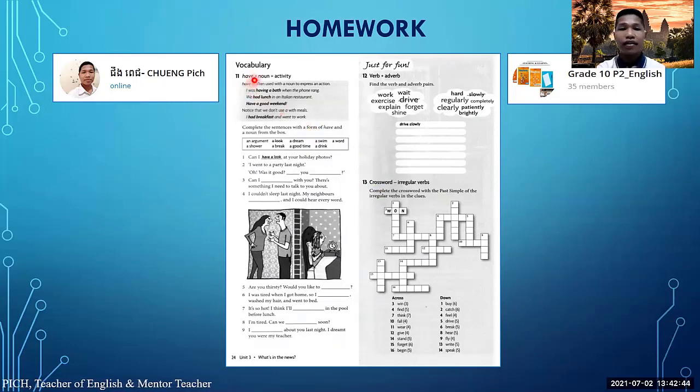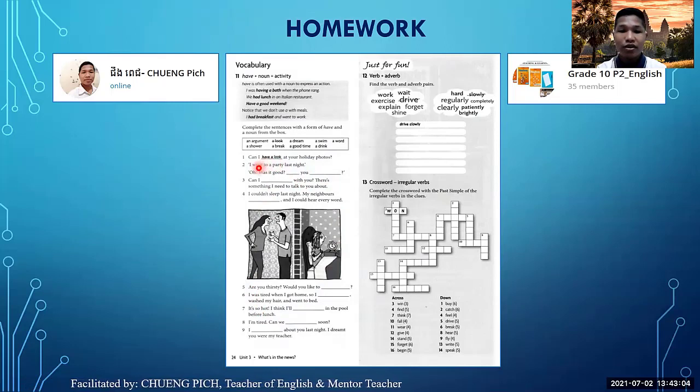So the first one, have plus noun equals activities here. This lesson you learned already for a long time. So you have to read the words in the box here and complete the gaps provided here.